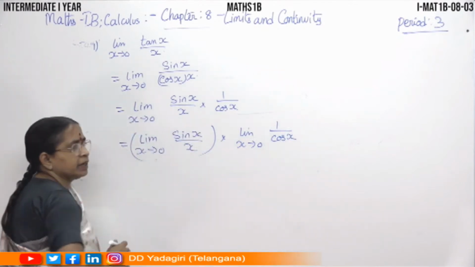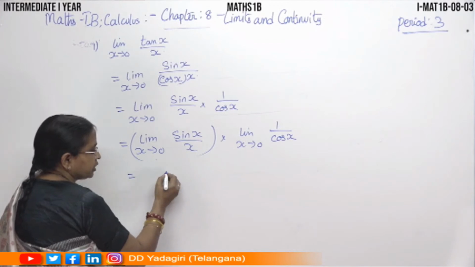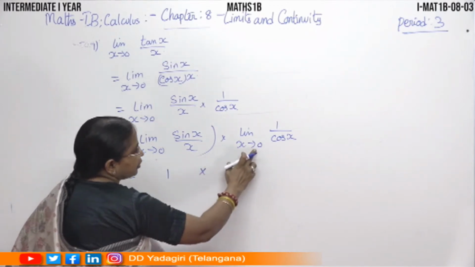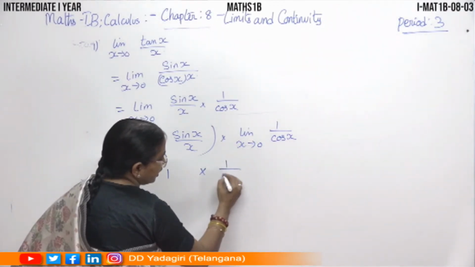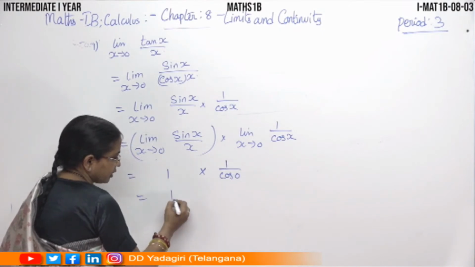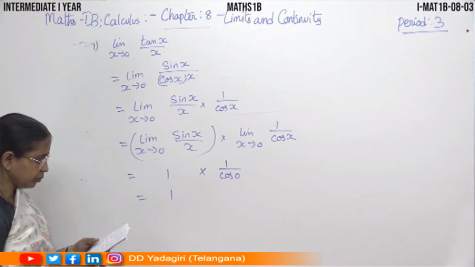Like this you split the limit. Now this is the standard limit. You need not mention anything. You can just write is equal to 1 into, here you substitute 0, 1 by cos 0. Cos 0 is 1. So 1 into 1, that is 1. So like this you have to do the problem.